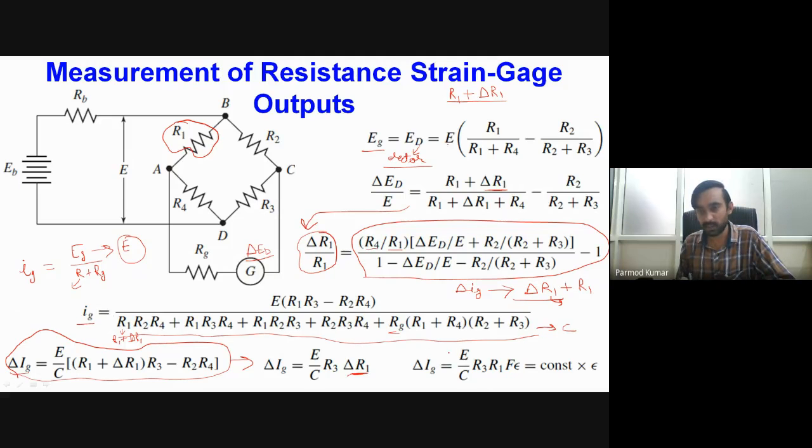Now in this equation, E is the supplied voltage which is constant, C is constant, R3 is constant, and R1 refers to the initial resistance corresponding to zero strain of the strain gauge, that is also constant, and the gauge factor is also a constant parameter. So all these terms are constant. I can simply relate the change in current across the detector as a constant times epsilon.